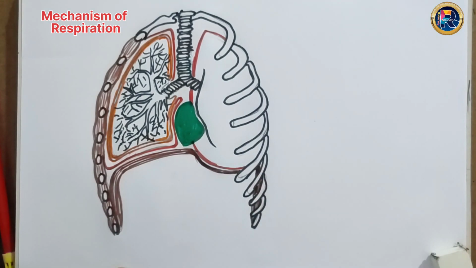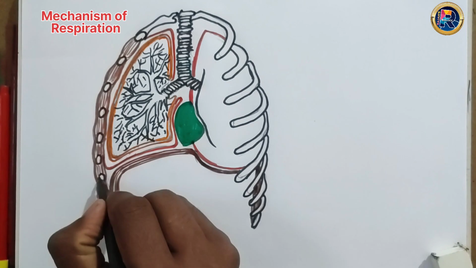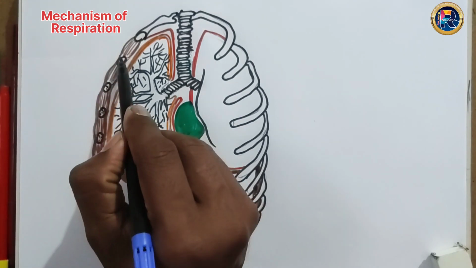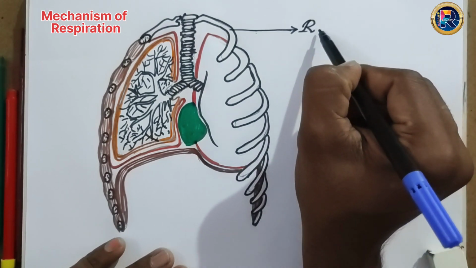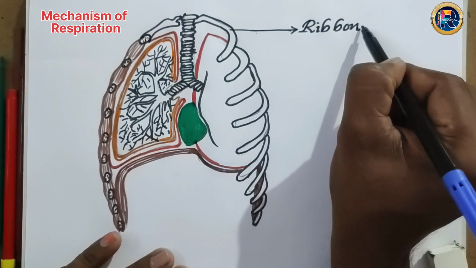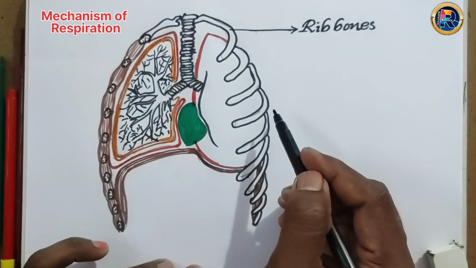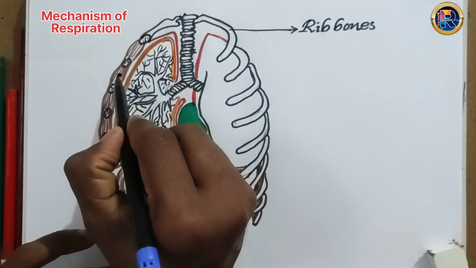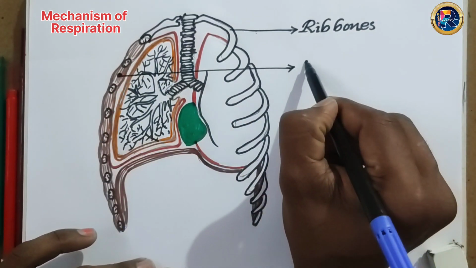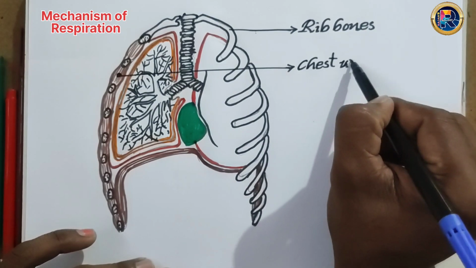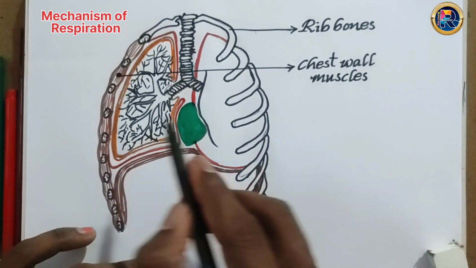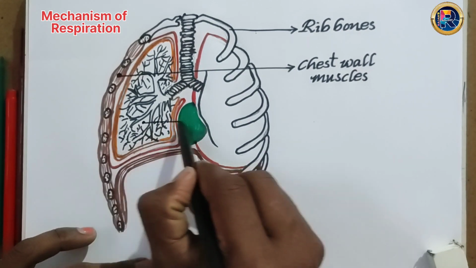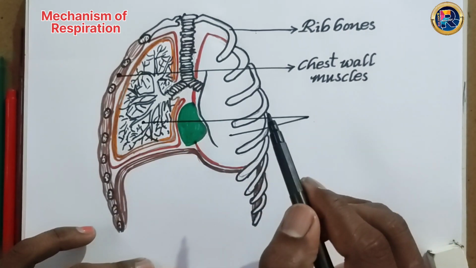When it contracts and moves downward, it increases the space in the chest cavity, causing the lungs to expand. As the lungs expand, air is drawn in through the nose and mouth, filling the lungs with oxygen-rich air during inhalation.